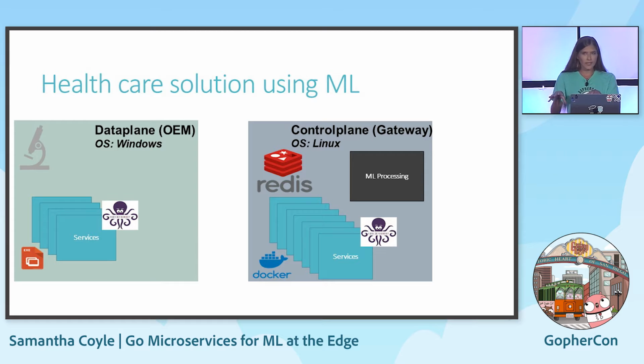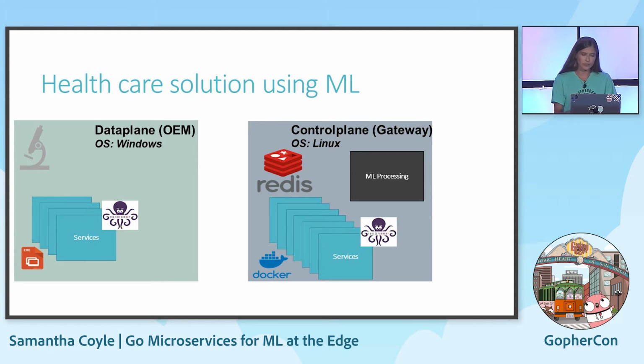So, kind of honing in a bit more visually on what we're going to be talking about here today. We had our data plane on the left, and this was our OEM machine running Windows. Windows, not Linux. And we had a few services there running as executables with our microscope. And then we had our control plane, which you see is a bit busier in that box because it is the brains of the operation.